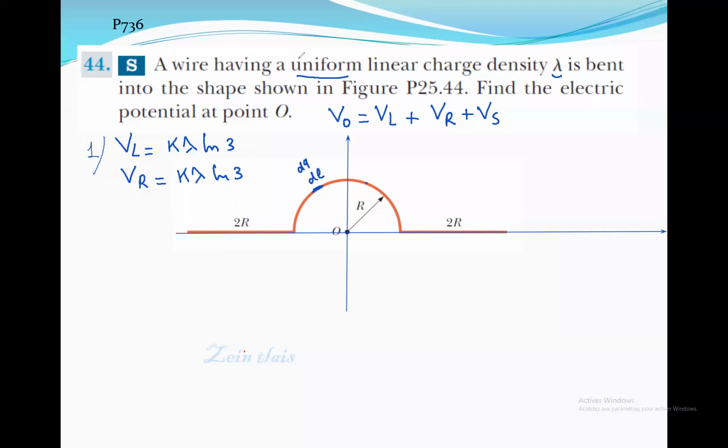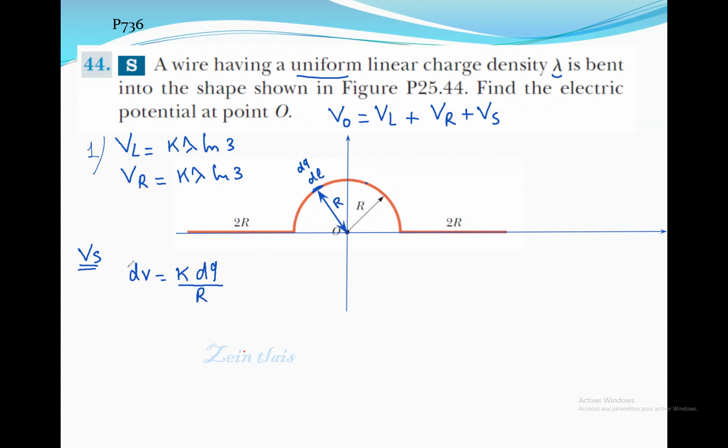So dq will create at the origin dV, which is located at r. We can say dV is created by dq at the origin equals k dq divided by the distance between dq and the origin, equal to r.